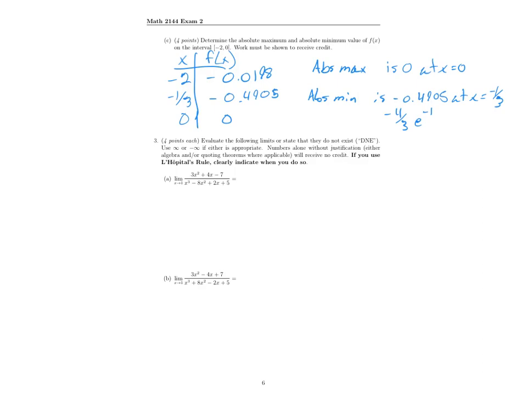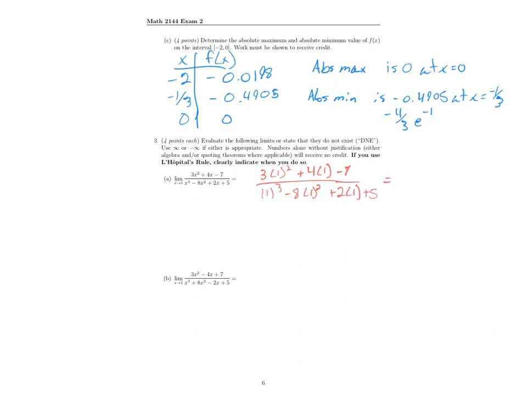So for problem 3, we're asked to evaluate the following limits. So the first thing to do is just to try evaluating the limit. When we do that, by plugging in 1, we'll get 3 times 1 squared plus 4 times 1 minus 7, all over 1 cubed minus 8 times 1 squared plus 2 times 1 plus 5.